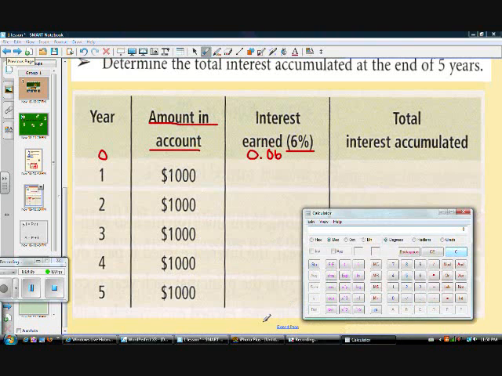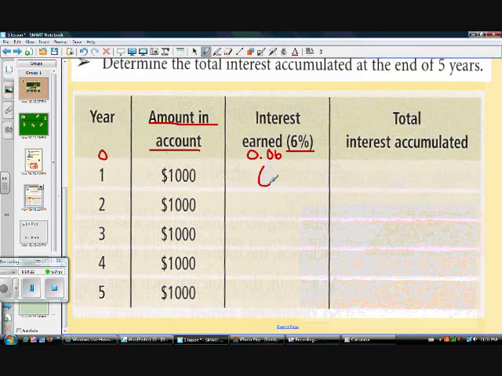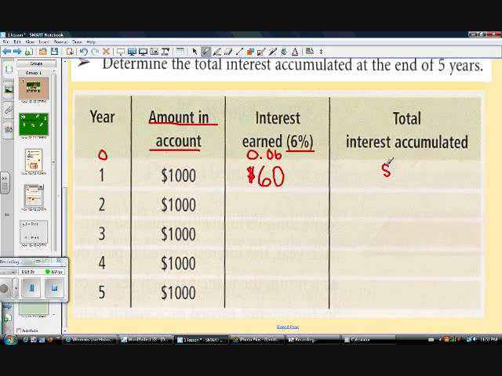So I'm going to clear my calculator, and I'm going to put in decimal 0.06 times 1,000. And you notice that she earned $60 in interest. So she would have received a check for $60. So the total interest accumulated, first year, $60.